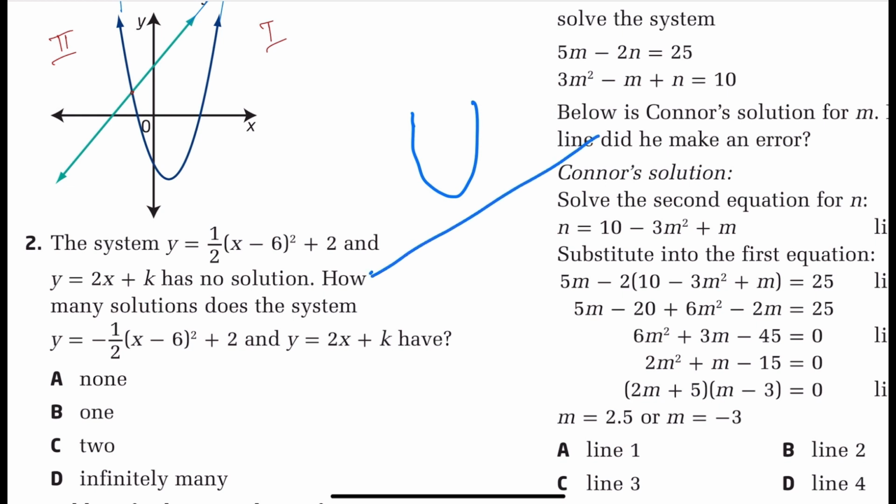Why? Because they are telling me there is no solution. That means they are not touching each other at all. However, if I change my parabola from this section to this section, the only thing that will change is that instead of my parabola looking up, it will look down. So this means that we will have two answers. So this will be number C.